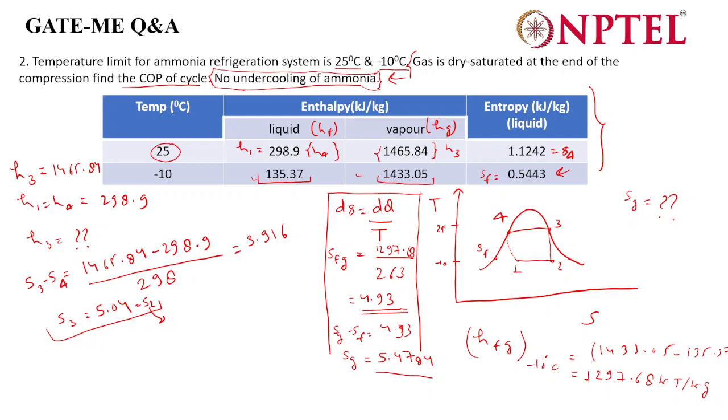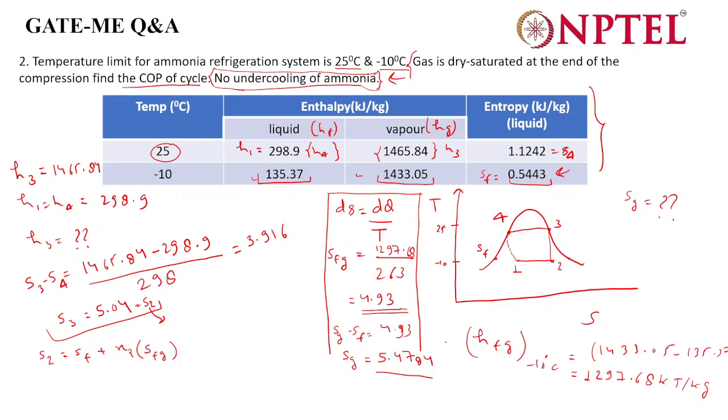I am writing X2 for the dryness fraction at the second point, for minus 10 temperature. S2 we know as 5.04, SF we know, and SFG we also know, 4.93.